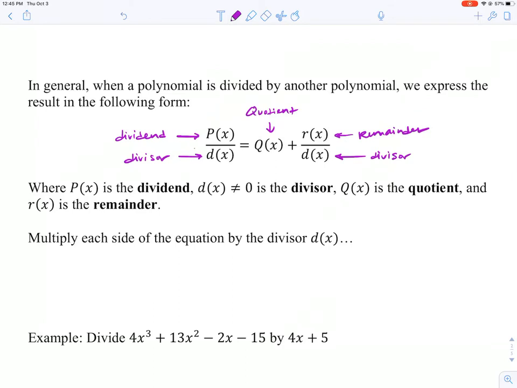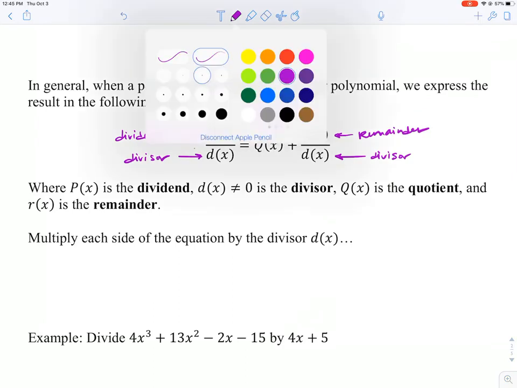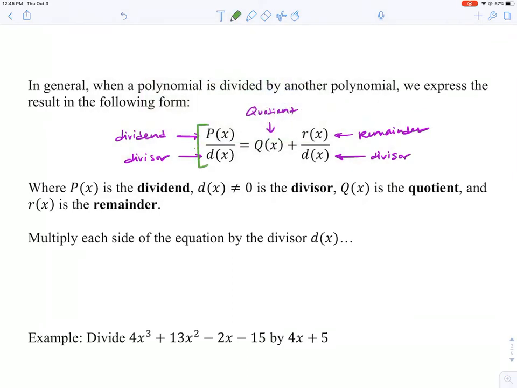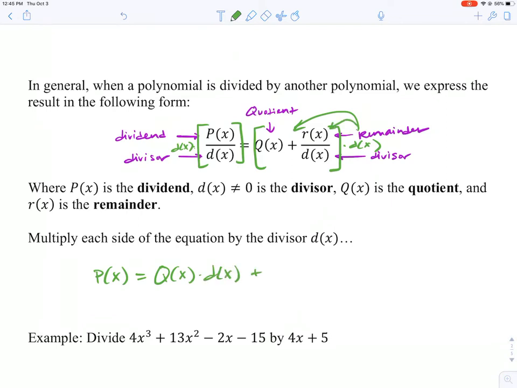Now think about if we took that equation and multiplied both sides by d of x. We would get p of x equals, distributing d of x, q of x times d of x plus r of x.